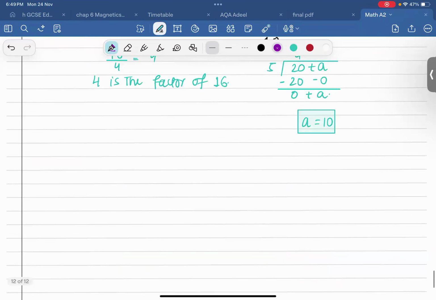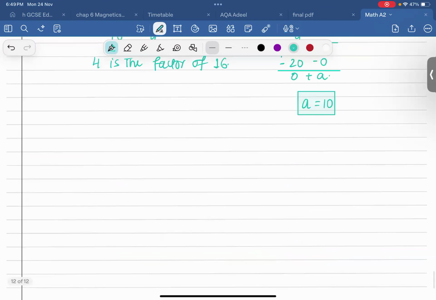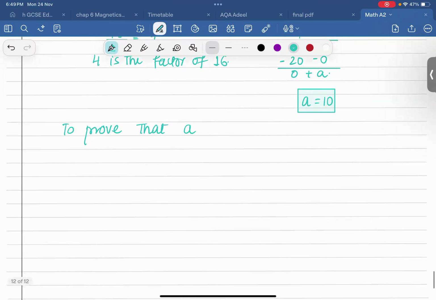So to prove that a certain number is a factor of the equation, right?